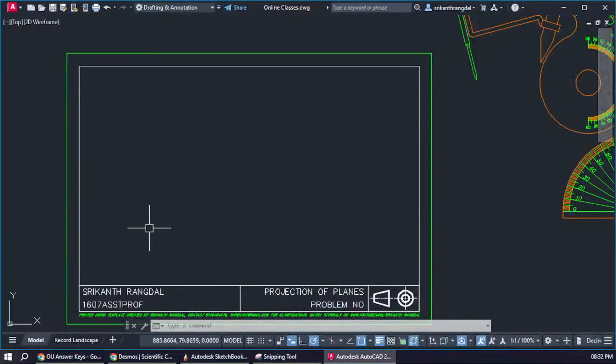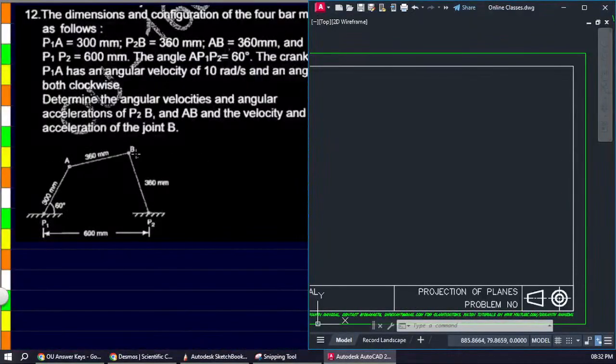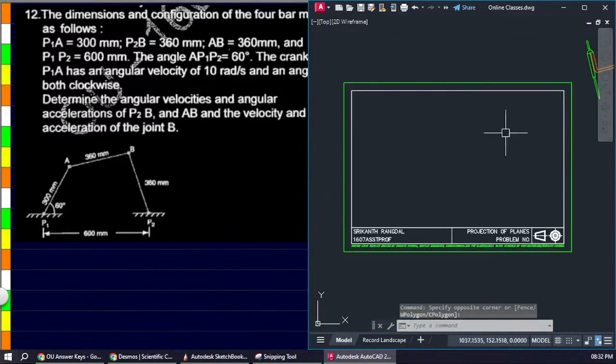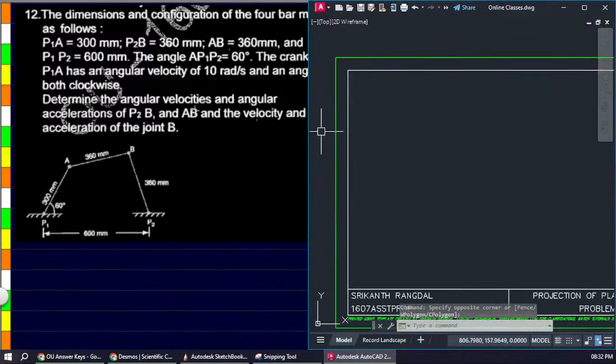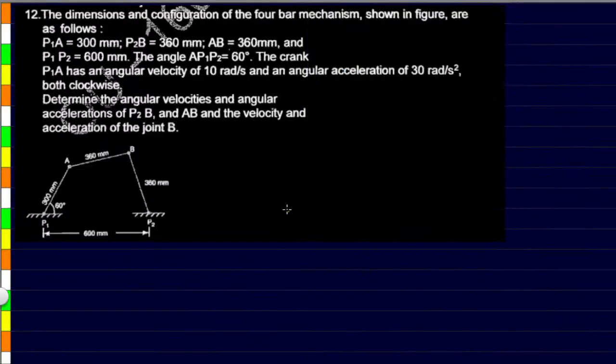Okay, so let me just set this off the screen so that you'll be able to see in the left the matter which I have written, and on the right you will be able to see the diagram that we are drawing. So coming to our first problem, we have here dimensions and configurations of 4-bar mechanism shown over here.